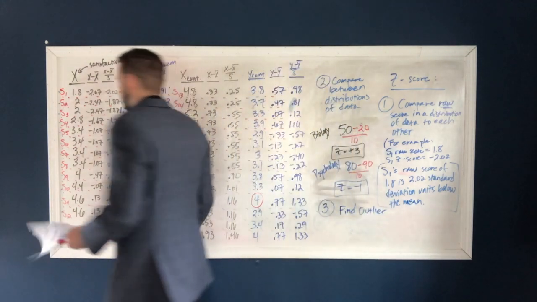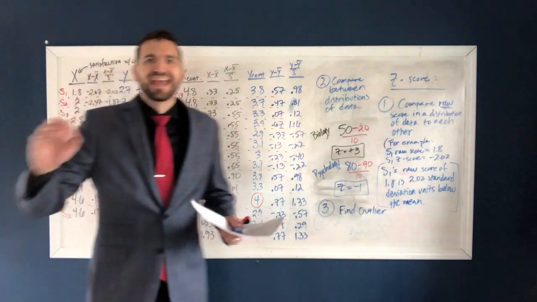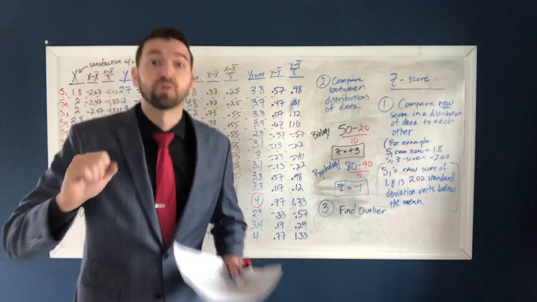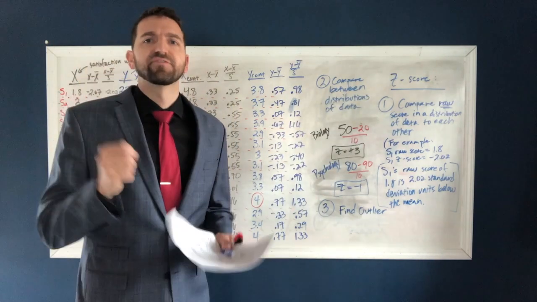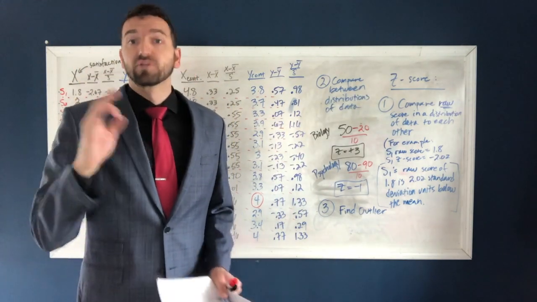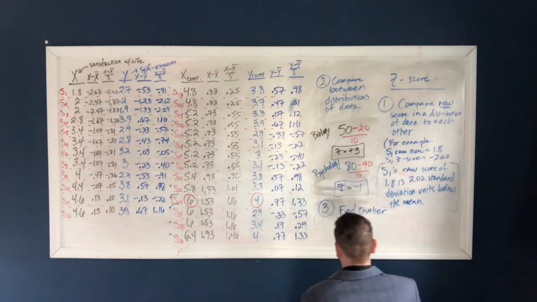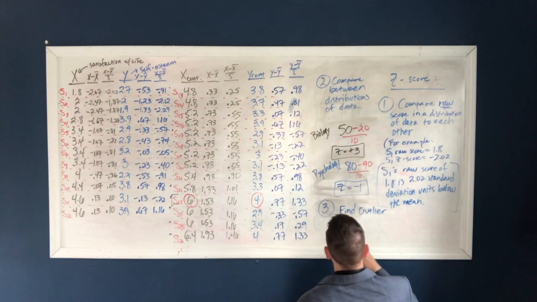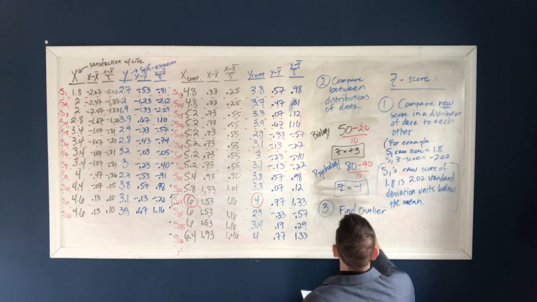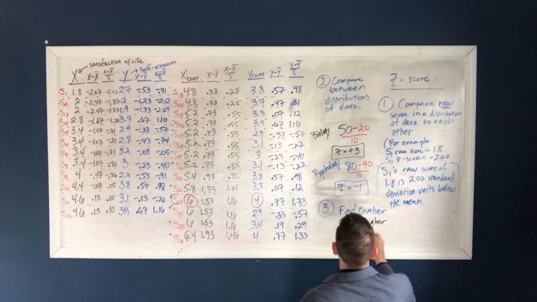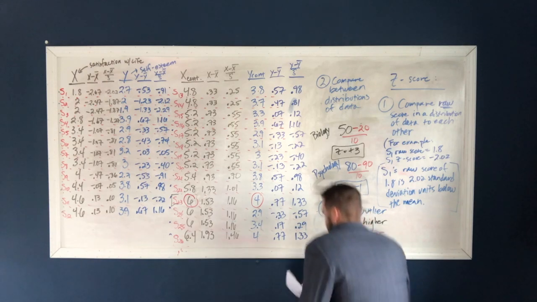So basically, the rule is any raw scores that have a z-score of +3 or higher, -3 or lower, are going to be considered outliers. So +3 or higher will be considered outliers. -3 or lower will be considered outliers.